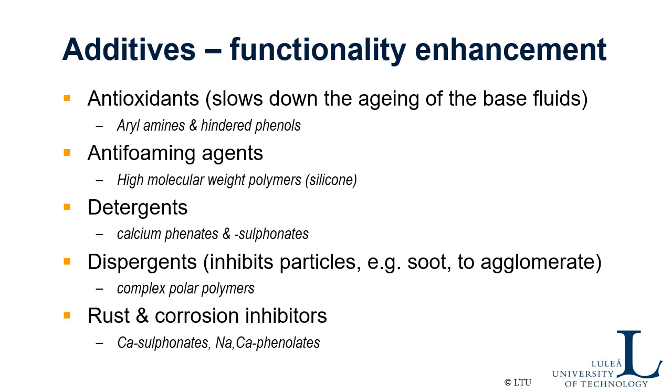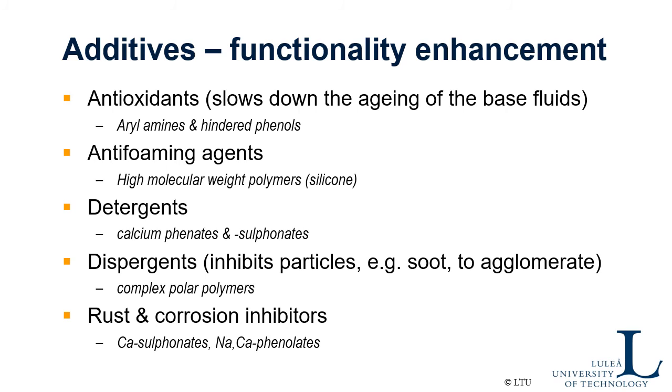And you also have rust and corrosion inhibitors, and these are surface active. They form layers on the surfaces and keep the water away from the surface, and then you reduce the risk of rust corrosion. And of course, there is a kind of competition between all those additives.